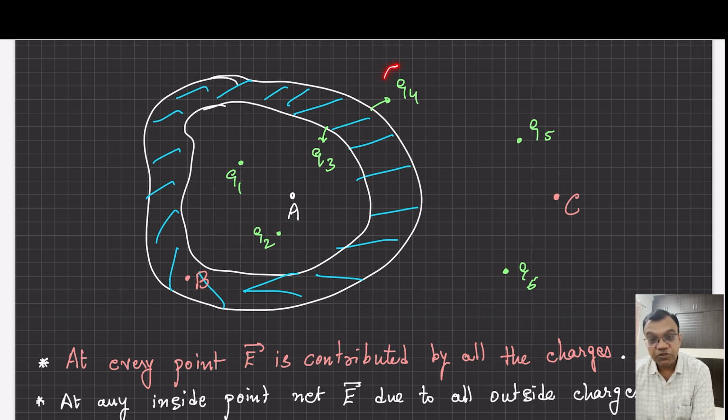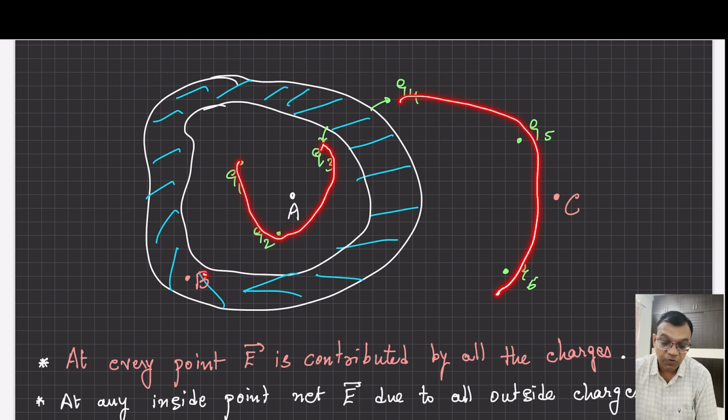Due to Q4 non-zero, due to Q5 non-zero, due to Q6 alone non-zero, but due to the three together, the electric field intensity at point A will become 0. At point B, due to all 6 charges individually non-zero, but due to Q1 plus Q2 plus Q3 it is 0, due to Q4 plus Q5 plus Q6 it is 0. Total field is 0, because here the conducting medium is present.